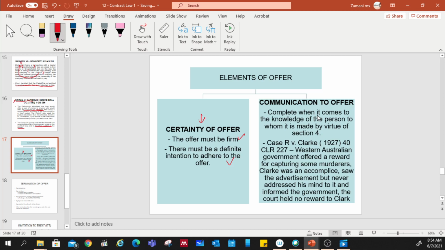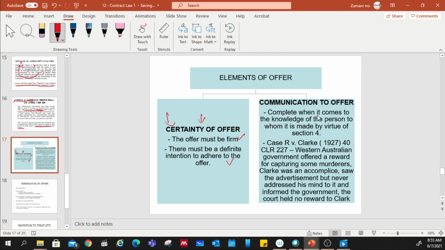It must be something that can be completely done, something that can close the offer at the end. If there is no definite intention to adhere, then it is not going to be completed. That's the certainty. And then you have the communication of the offer, which is complete when it comes to the knowledge of the person to whom it is made, by virtue of the section.